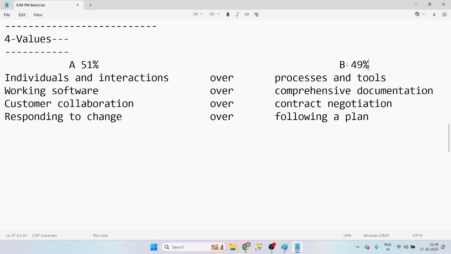I will give you another example. Your father has 100 rupees and two kids. He gave 51 rupees to the bigger one and 49 rupees to the smaller one.